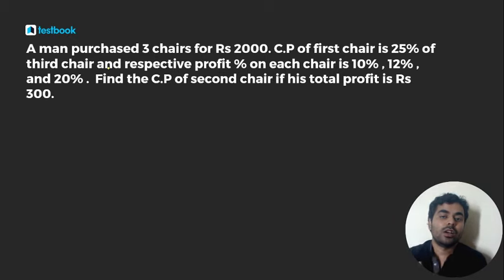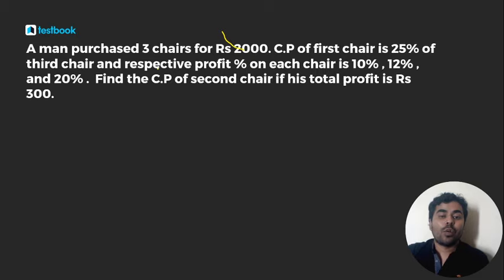If the cost of the third chair is 100, then the cost of the first chair is 25, or you can say the ratio 4:1 or 1:4. And the respective profit percent on each chair is 10%, 12% and 20%. These are the respective profit percents which were earned by the man after selling these chairs, and the total cost price was 2000. Okay, so find the CP of the second chair if the total profit is 300.